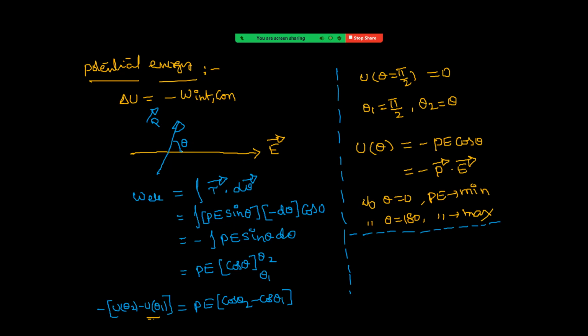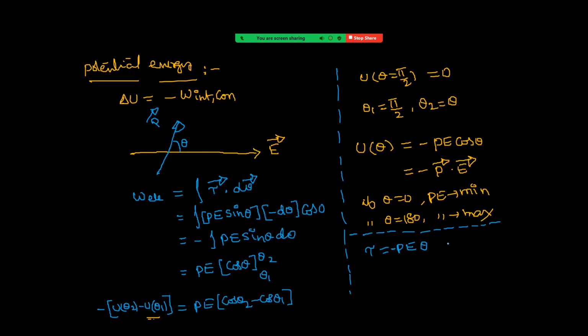Now rotating the dipole through a small angle theta anti-clockwise, the torque is equal to PE sine theta. Since theta is very small, in place of sine theta we write theta. If you observe carefully, we are rotating anti-clockwise, but the torque is clockwise, so take a negative sign here.